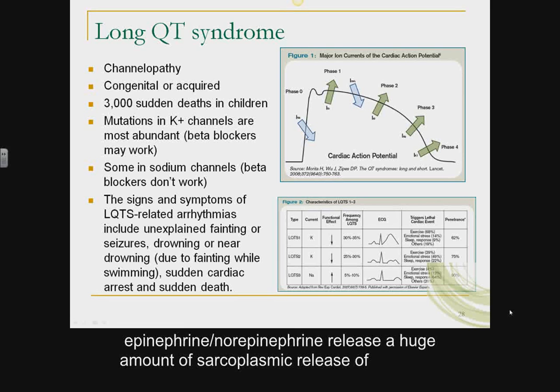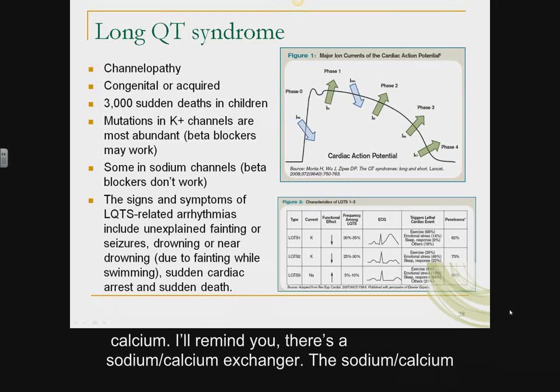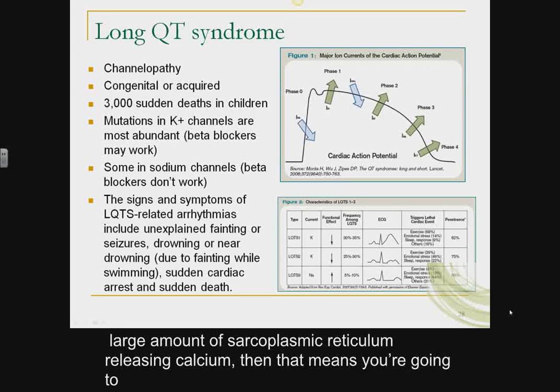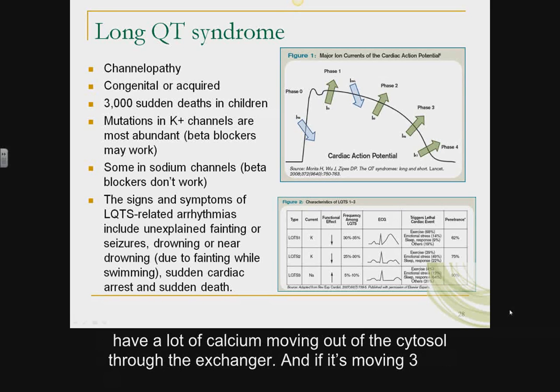The signs and symptoms of long QT syndrome include dysrhythmia. The child will have unexplained fainting or seizures, near drowning or drowning due to fainting while swimming. These children have genetic mutations leading to faulty voltage-gated channels that don't inactivate, deactivate, or activate correctly. What happens is their heart stops because of this very long time for depolarization or repolarization.